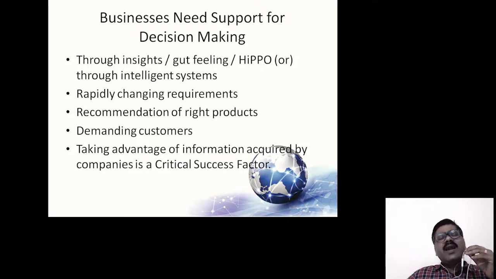Another thing is, data is the new oil. That is what the experts say. And machine learning is the new electricity. That is the other saying which is in the industry currently.